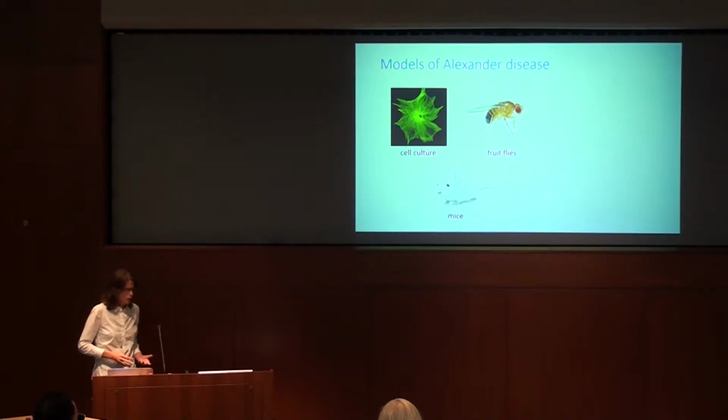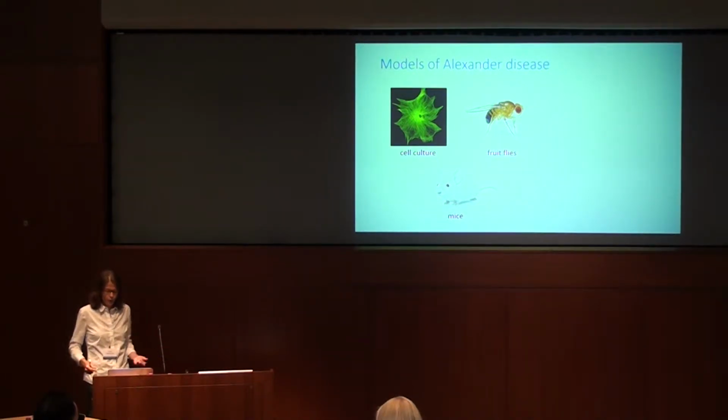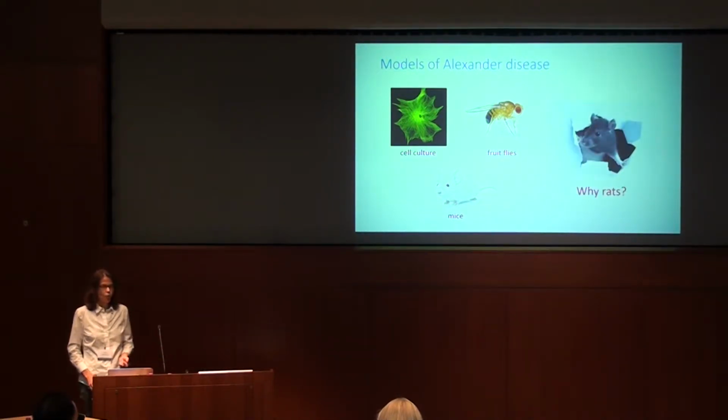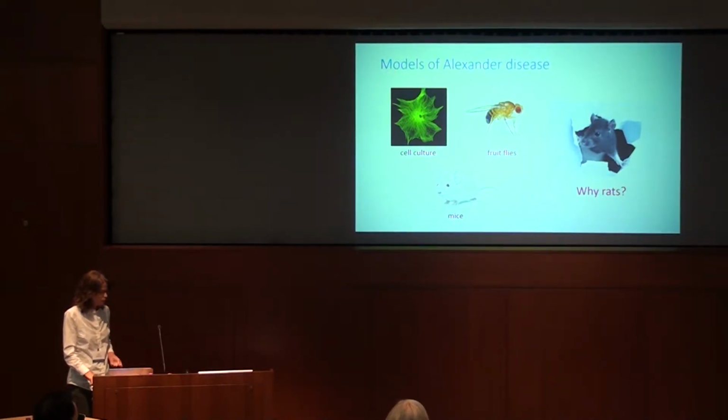And all these models together have contributed a great deal to what we know about the underlying pathology in Alexander disease. And so I guess the question here is, why do we want to make a rat? I think we're at a point where the mouse models just really aren't sufficient.